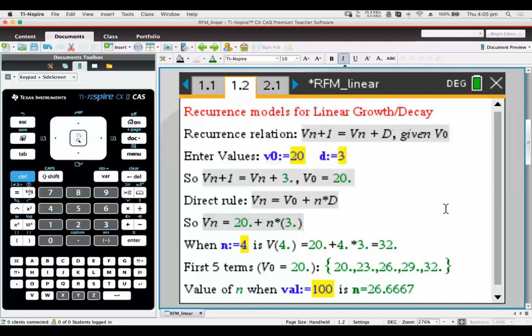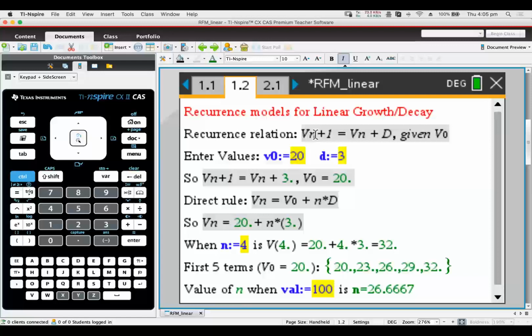The notation in the recurrence relation is that you can calculate the next term, so the value of the n plus 1 term, and that's equal to the current term plus some d, or difference is sometimes a good way to think about it.